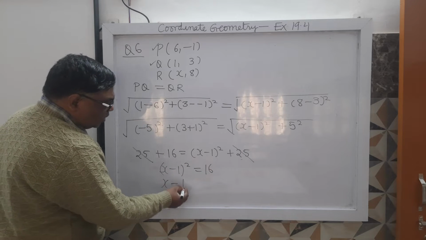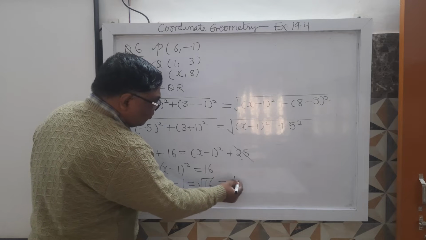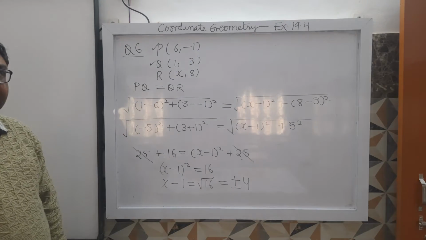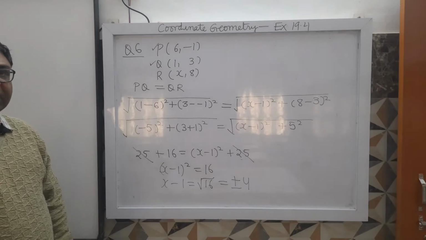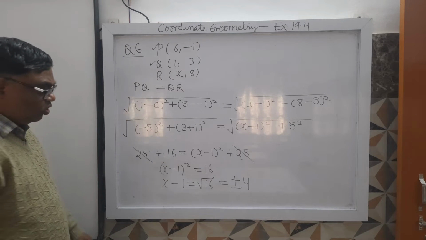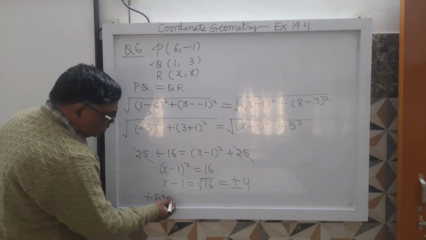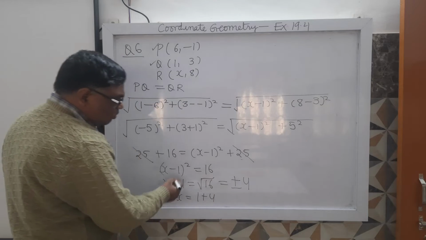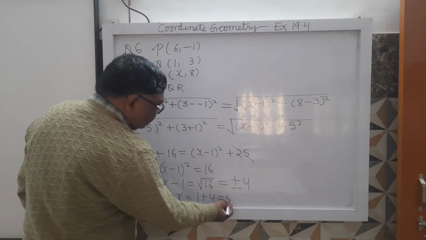So what is x minus 1? It equals the square root of 16, and here we will write it as plus minus 4, because x is a coordinate, x is not a distance here. When you take the plus sign, x minus 1 equals 4, so x equals 1 plus 4, which is 5.